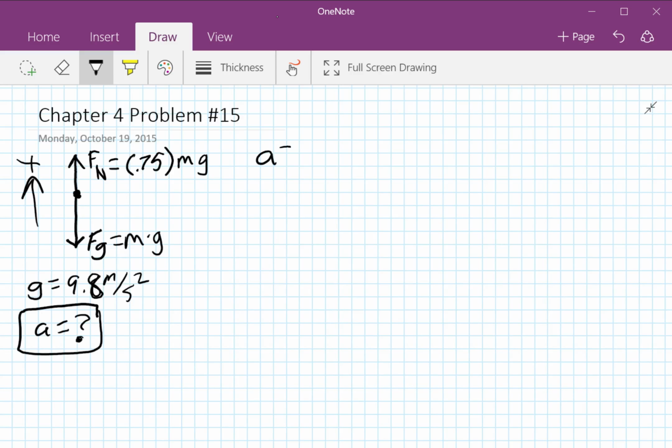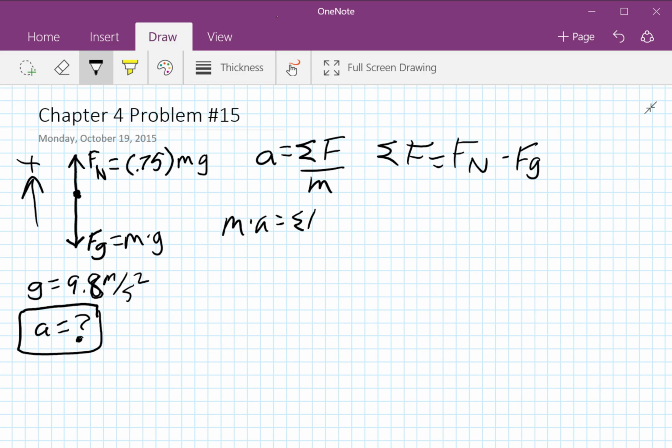We know that the acceleration will be the sum of the forces divided by the mass. The sum of the forces will equal the normal force minus the force of gravity. We can multiply the mass over, so mass times acceleration equals the sum of the forces.